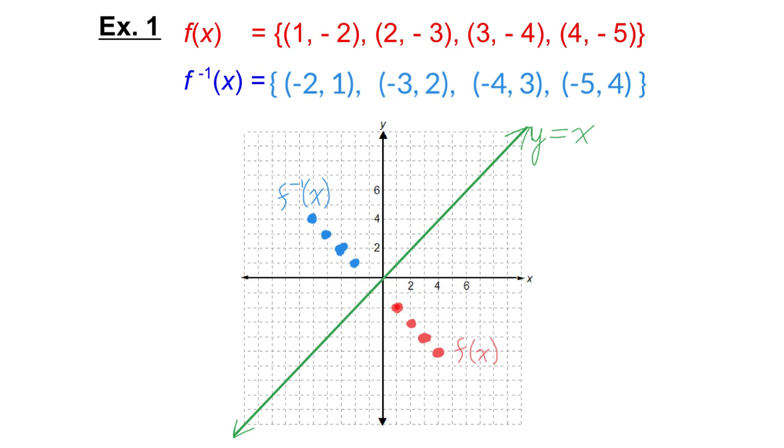Every point on the function has its mirror image on the other side, and that's the inverse. So you can think of it visually like that, or you can think of it as swapping x and y. Either way, you're going to get the inverse of your function.